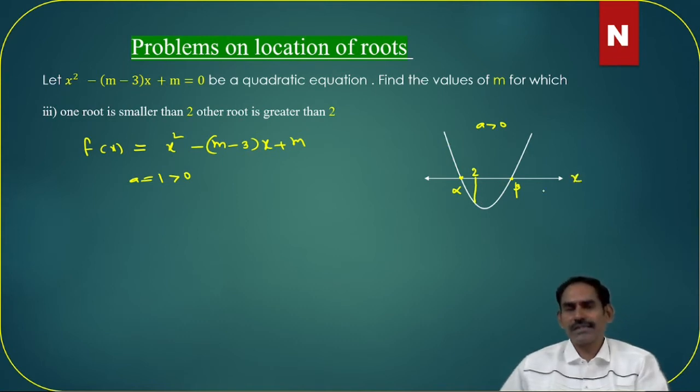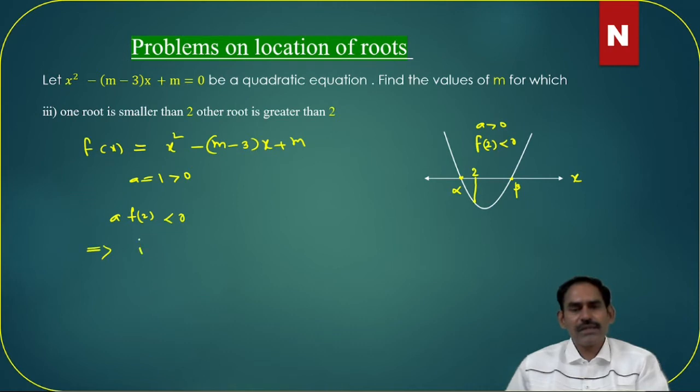This is the x-axis. See, what is the f of 2 value? This is f of 2, where the graph meets the line below the x-axis, which means f of 2 is negative. Below the x-axis, f of 2. That's why a into f of 2 is positive into negative, negative.